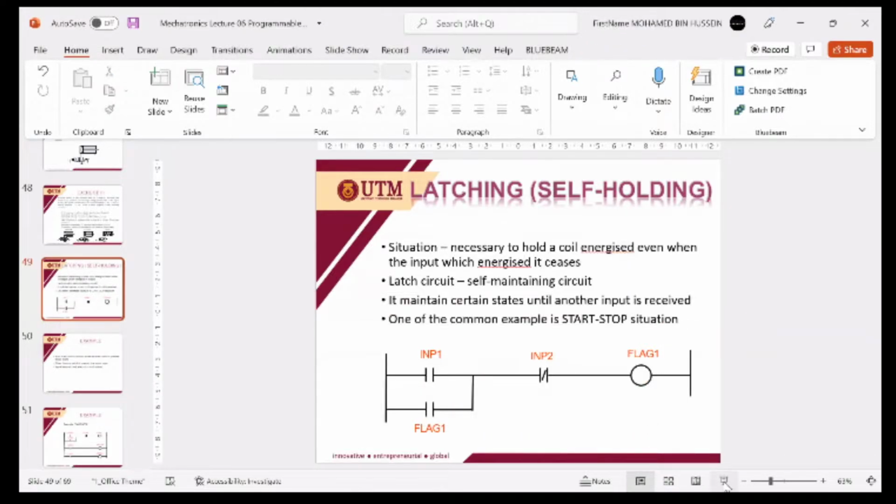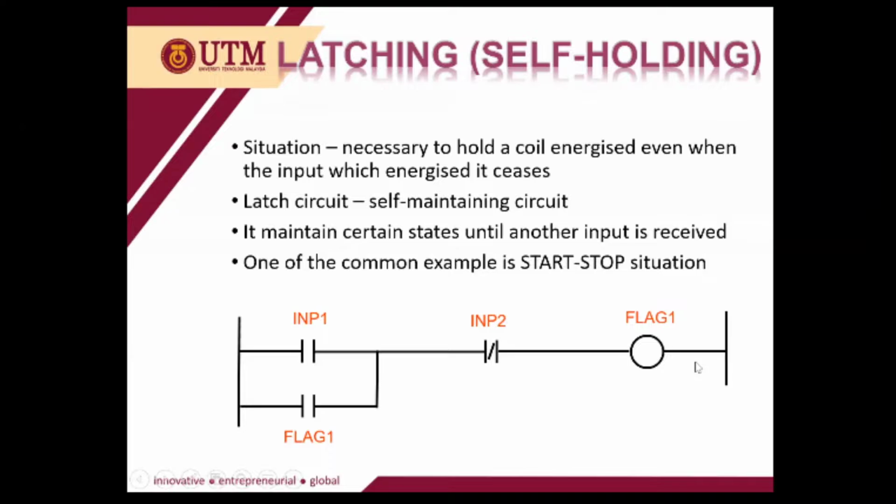I repeat one more time. Initially your current tries to flow through input number one and flag number one, but it stops because the contact is normally open. Once you trigger your start button, you close the contact.